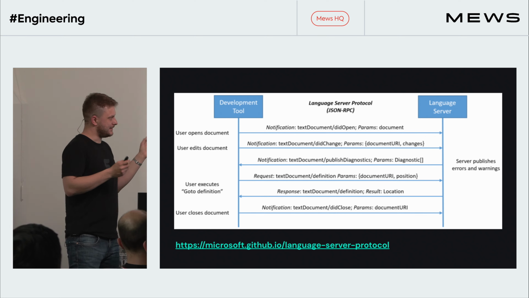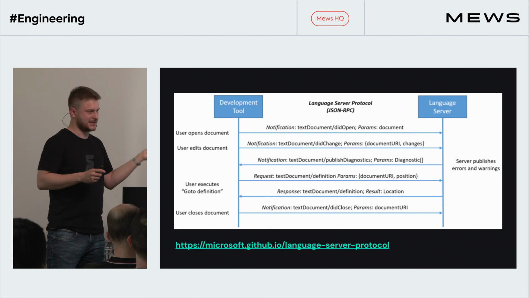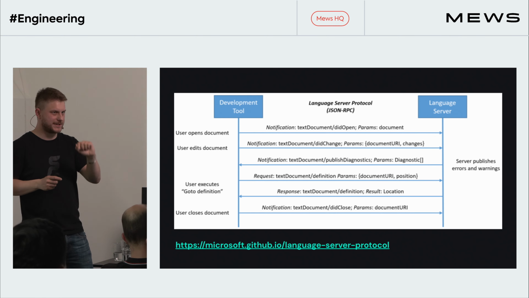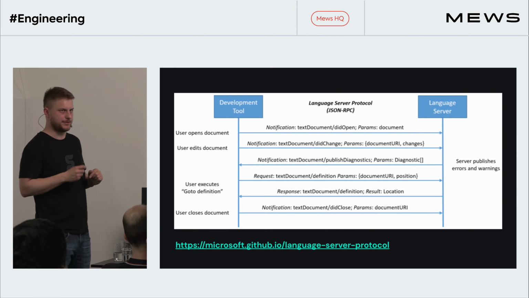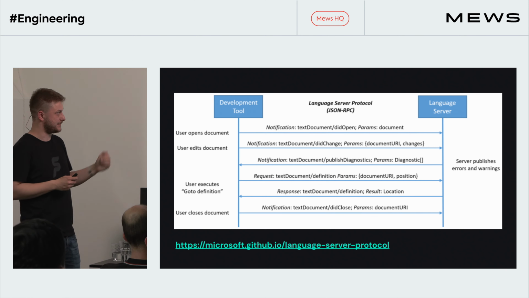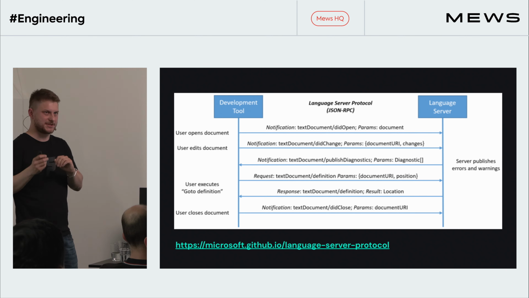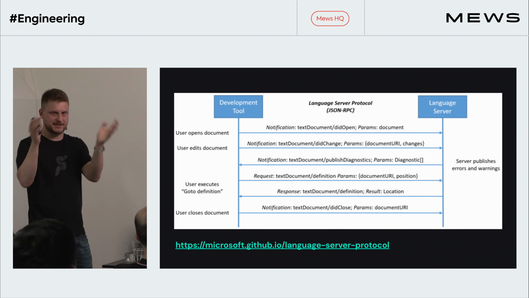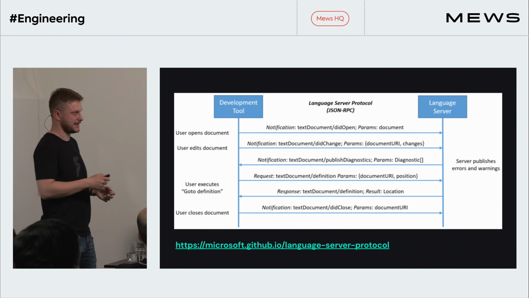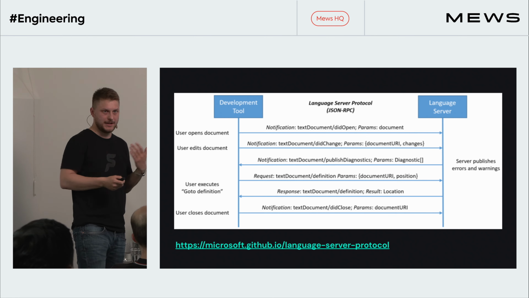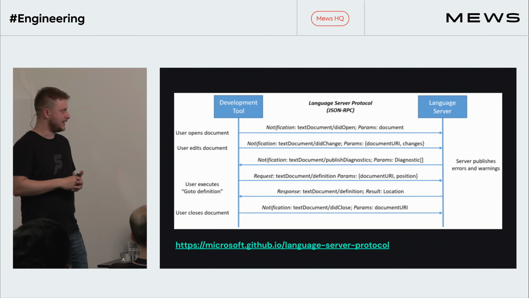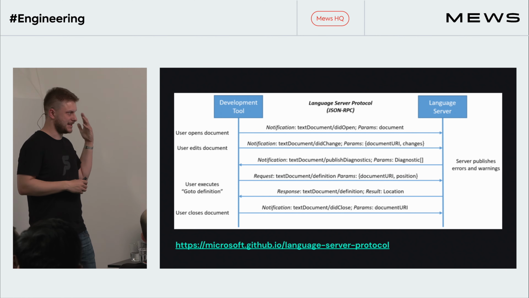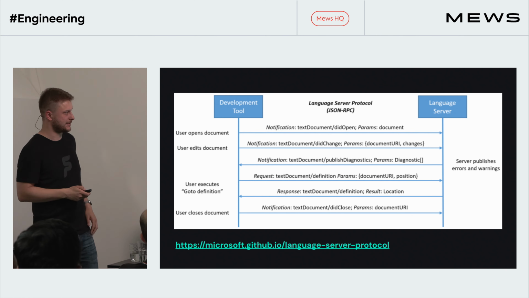Or for example, the editor says, "User hovered over this token. What will you do?" And the server responds, "For this token, I can provide this more information, things like documentation for imports, or provide some code modifications, refactors, and so on."